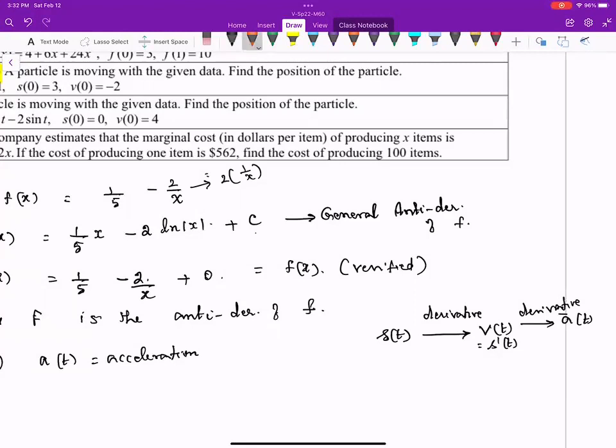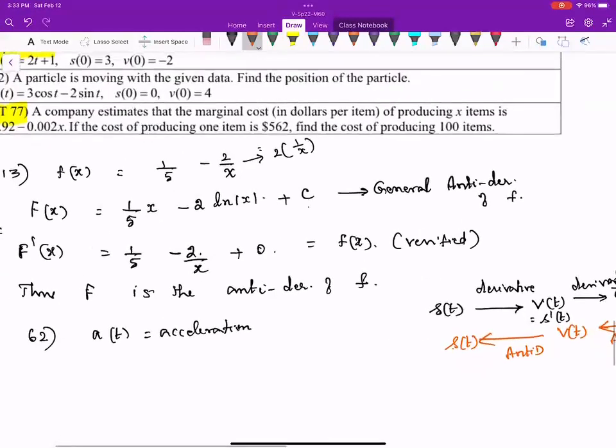We'll go backwards now. So acceleration, if you do the antiderivative, what you get is the velocity. If you take the antiderivative of the velocity, you get the original function, position function. So this helps us here.